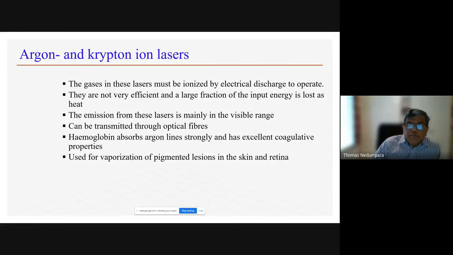And since it is absorbed very well by hemoglobin, it has excellent coagulative properties. For example, it can be used to stop a bleeding peptic ulcer. It also is used for vaporization of pigmented lesions in the skin and retina.